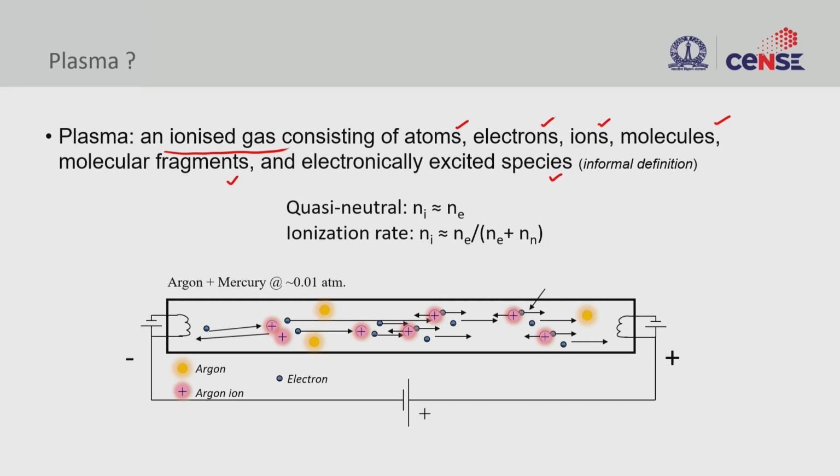It has all these constituents that contribute to this plasma. In general the plasma should be neutral. What we mean by neutral is that the total charge of the excited species and the neutrals, all the charge components, should be zero.